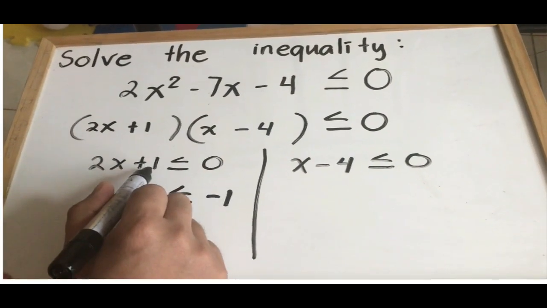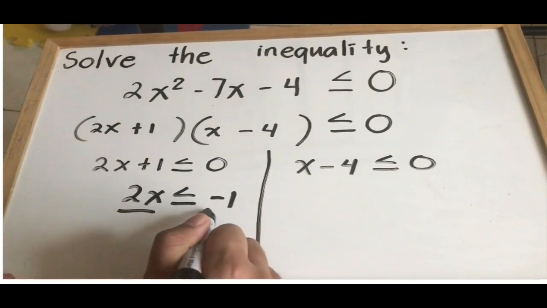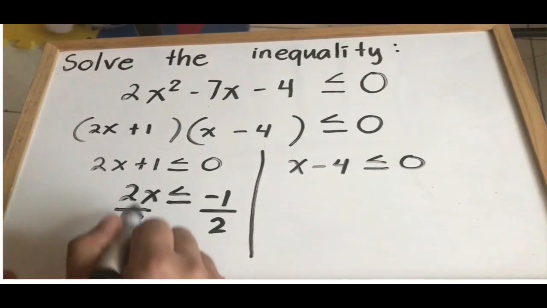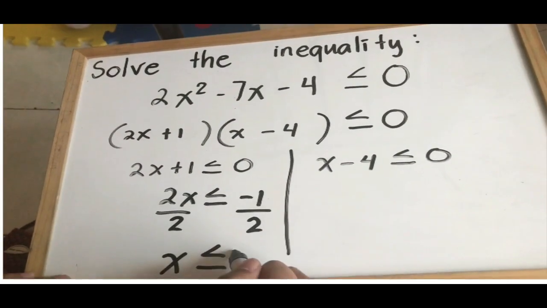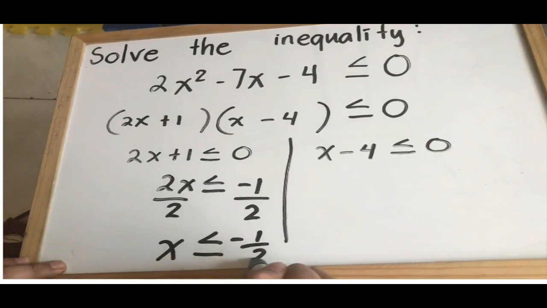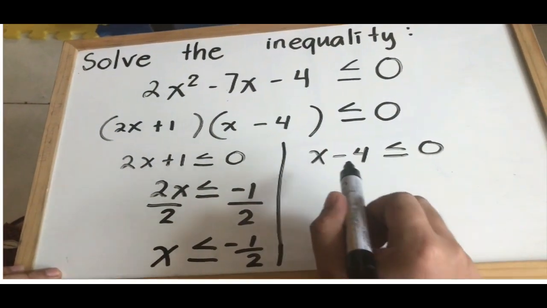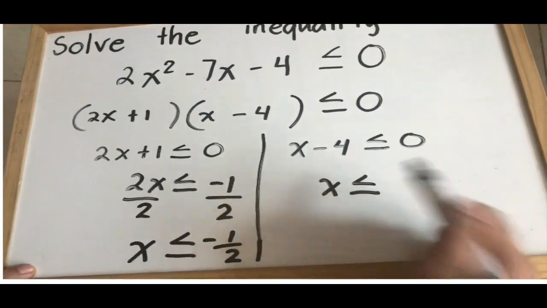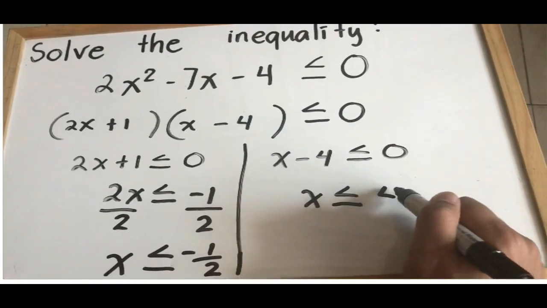If you're going to transpose, change the sign. To find x, divide by 2. So x is less than or equal to negative 1/2. The other value of x is x less than or equal to, transpose negative 4 will give you positive 4.